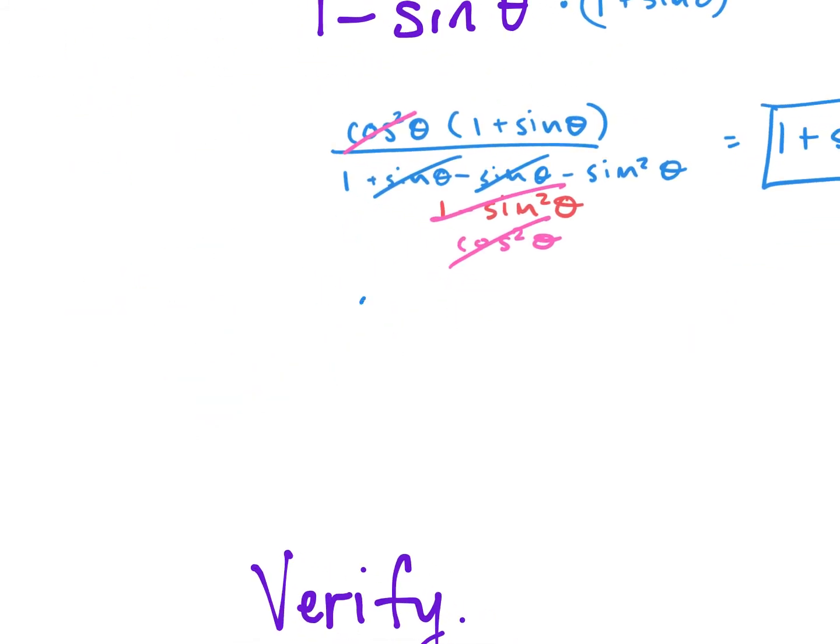If I had, let's say, cosine squared times 1 plus sine over 1 minus sine squared, you can't cancel these because they're different. Because I have a sine squared on the bottom, and because one's a plus and one's a minus, you can't cancel them. If this was 1 minus sine and 1 minus sine, if they're the same exact thing, then you could cancel. But they have to be the same exact thing.